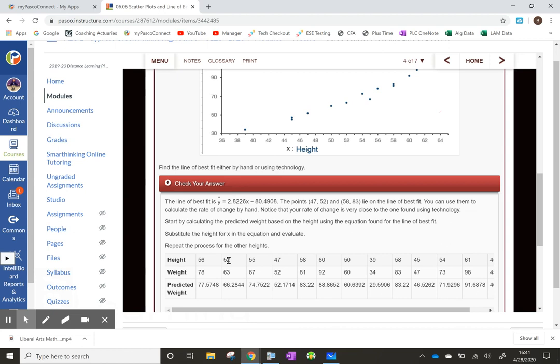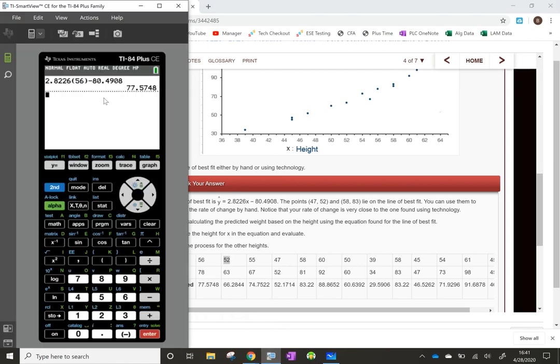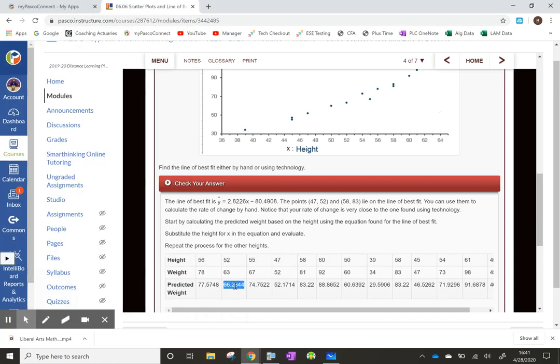You can do that for all of these. You can plug the 52 in, this x value, and of course, when you do, if we go back here and plug in the 52, the equation gives us 66.28. Again, the same thing you see here. So it's not quite 63.